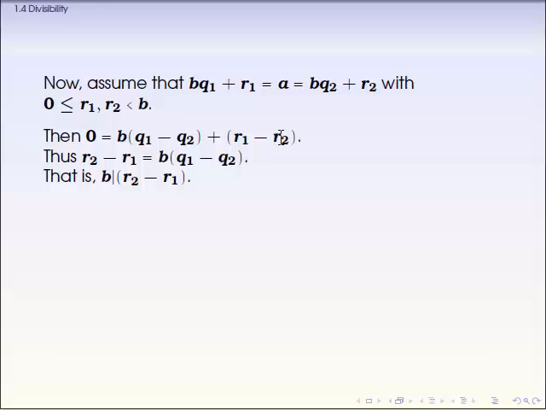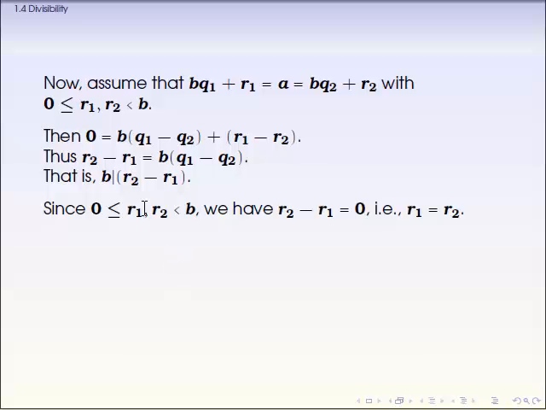Then if you move this one to the left hand side, r2 minus r1 equals b times q1 minus q2, which means, by the definition, b is a divisor of r2 minus r1 because b is multiplied by an integer. But our assumption was that r1 and r2 are between 0 and b, and including, of course, 0.